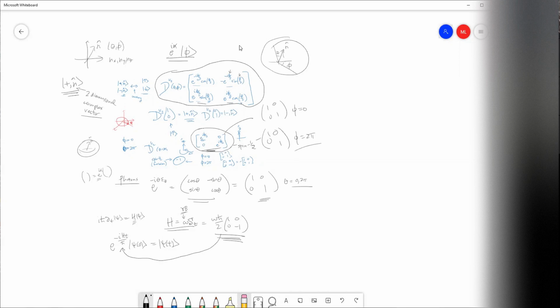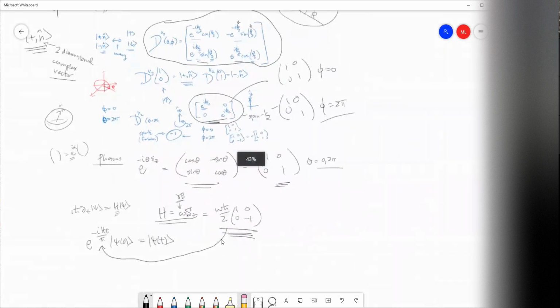Yeah, well, the other thing is that if your initial state is a spin up, then of course this will be an eigenvector of your H operator because it's the eigenvector of SZ. So these up or down components in time just evolve by acquiring a phase of i omega t over 2.